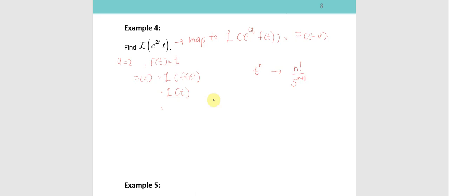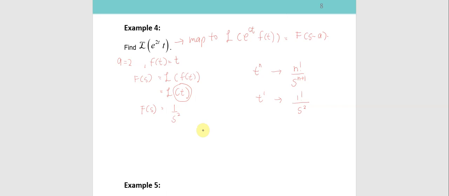So for this function, t is t to the power of 1, so it is 1 factorial over s to the power of 1 plus 1, which is 2, so s squared. So the Laplace transform of t is 1 over s squared. So this 1 over s squared is F(s).